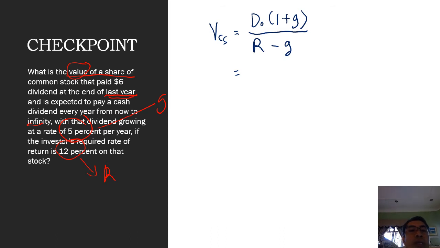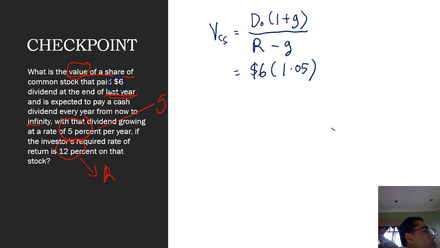Dividend 0 is $6 because it's last year, so it is $6 multiplied by 1 plus g. g is 5%, so 1.05.